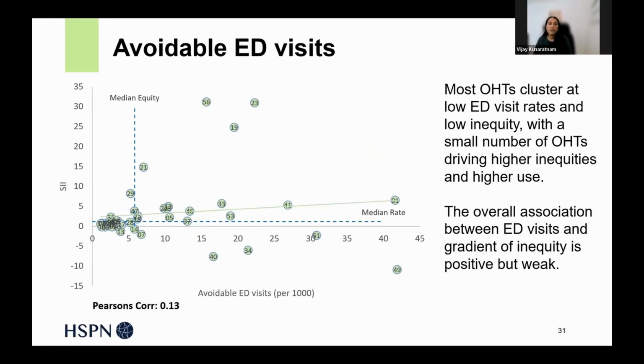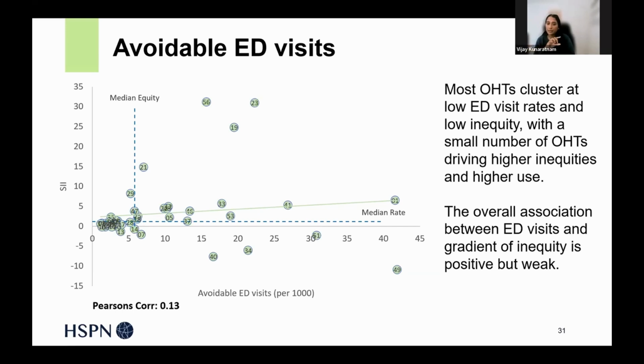Moving on to avoidable ED visits. This is telling us a little bit of a different story. You see the mass clustering at low ED visits and low SII right there at the bottom left. And then we also see a few outliers. At the top, we have 3 OHTs that seem to have very large SIIs. Those OHTs seem to have higher inequity, with areas of higher deprivation having more use.